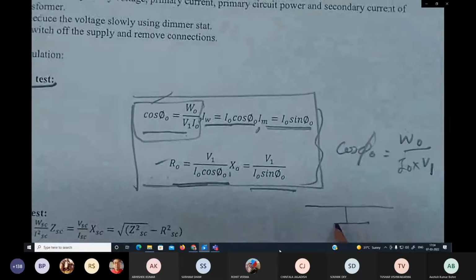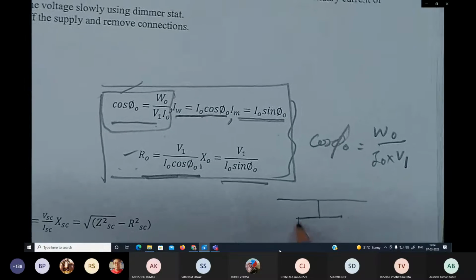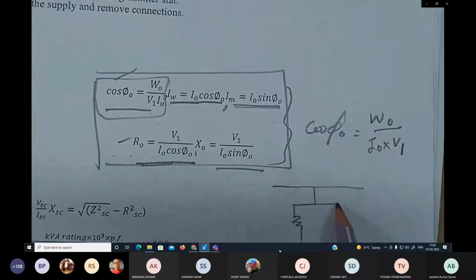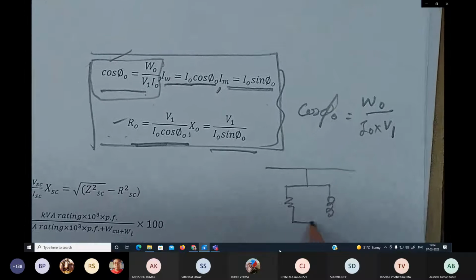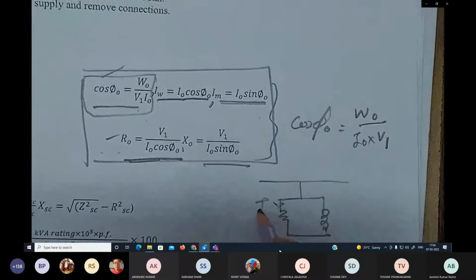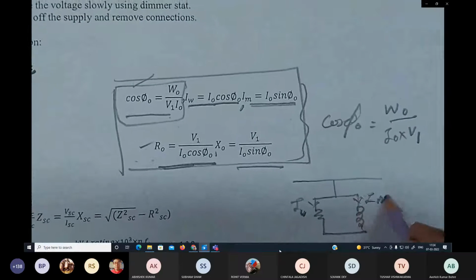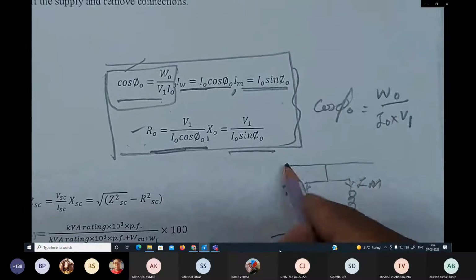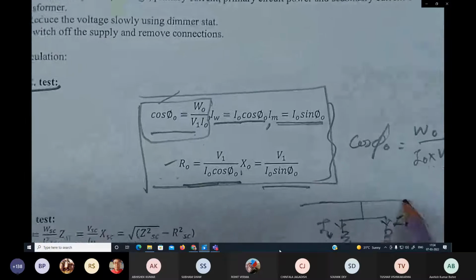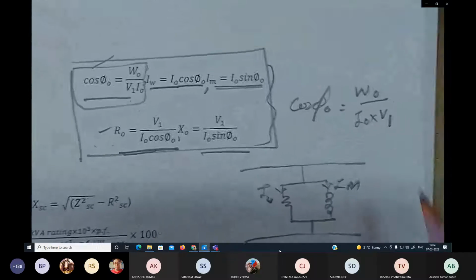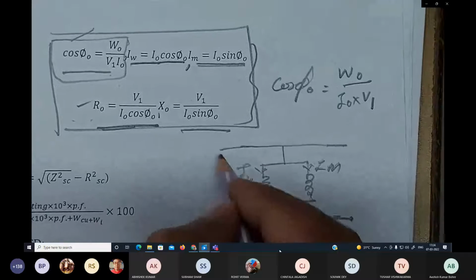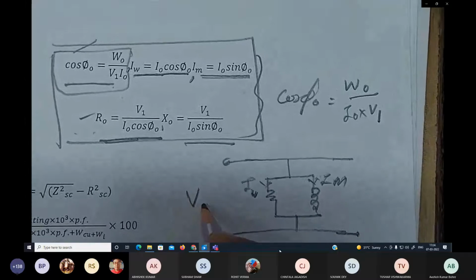So for the open circuit test, this is the equivalent circuit diagram. It means IW here, this is IM here, because on the secondary side you will not connect anything. So the final equivalent circuit for the open circuit is this one here.